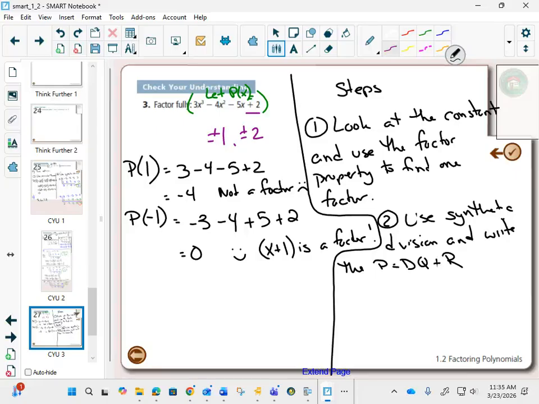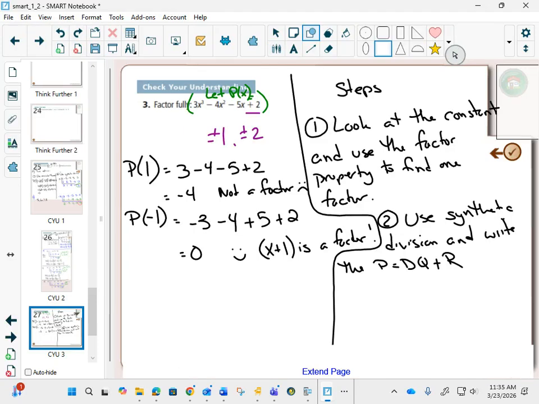Sometimes if you've already done step 2, you've already done the synthetic division, all you have to do is write your division statement. But I didn't do synthetic division because I was using ones, so now I'm going to use synthetic division with x plus 1 as the factor. So the minus 1 comes out in front.